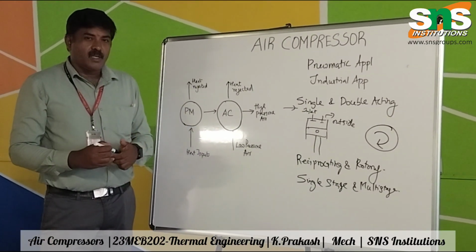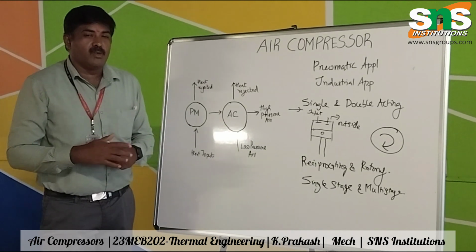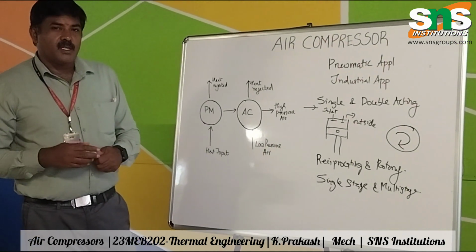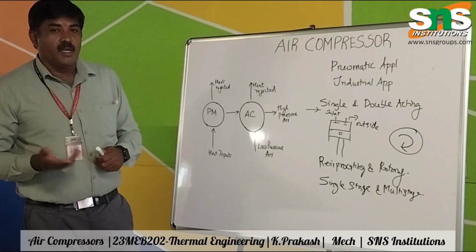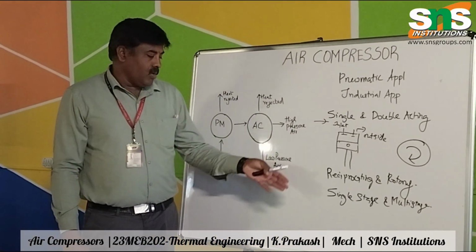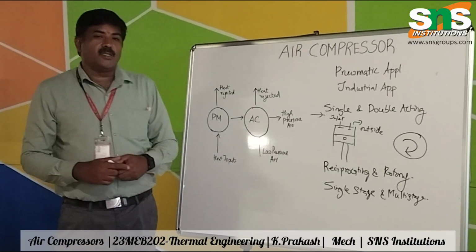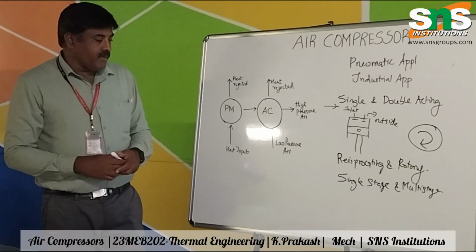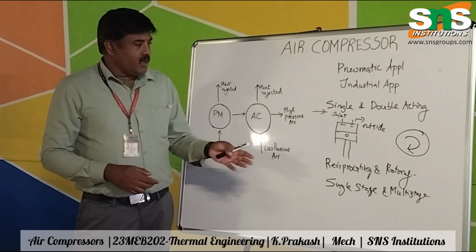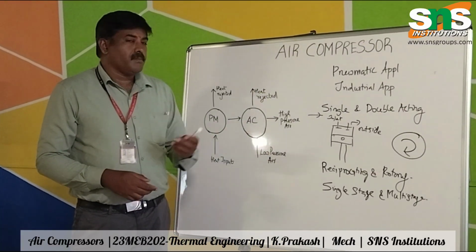If the required pressure is reached using more than one cylinder, then it is called a multi-stage air compressor. So these are some classifications, and based on the discharge, we have low pressure, medium pressure and high pressure. These are the classifications of air compressors.